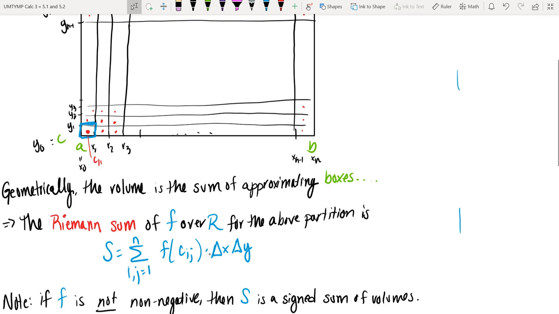Again, the first part gives the height of your box, and the delta x delta y gives you the area of the rectangle, or the area of the face of the prism. All right, so that should be the Riemann sum.